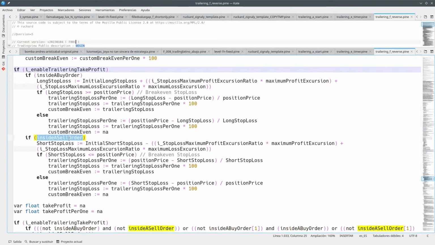If we are inside the sell order, we also need to know it. The question is, can we reach stop loss in both of the trades? Yeah, probably.